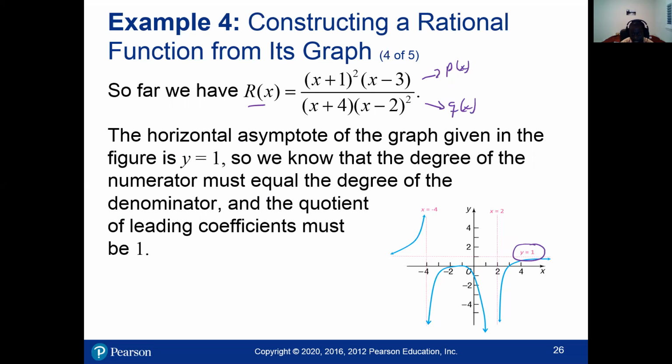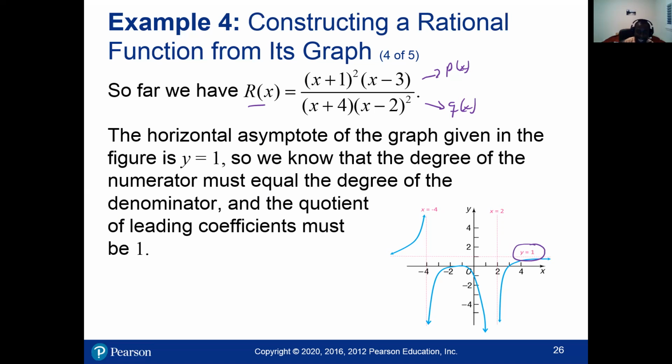If the horizontal asymptote were the line y equal to 0, that is the horizontal axis, that would mean the degree of the numerator is less than the degree of the denominator. Sorry, let me take that back.